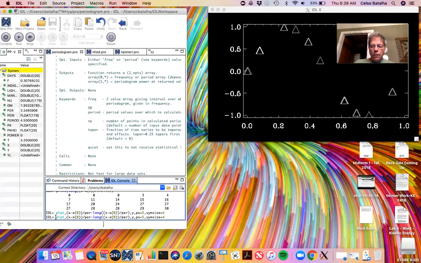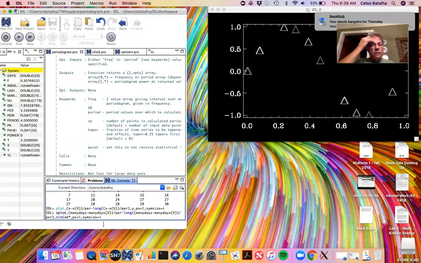I plot many days minus many days 0 divided by the period, minus the integer of that, against y, which would be sine of omega t, where t is many days.